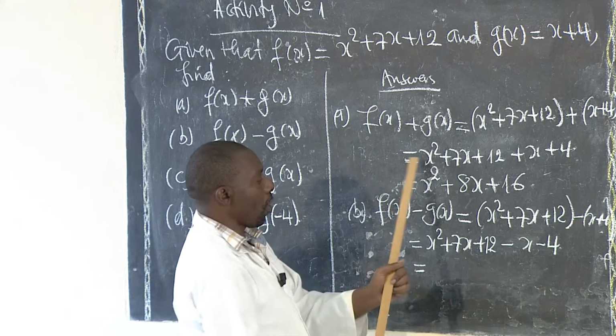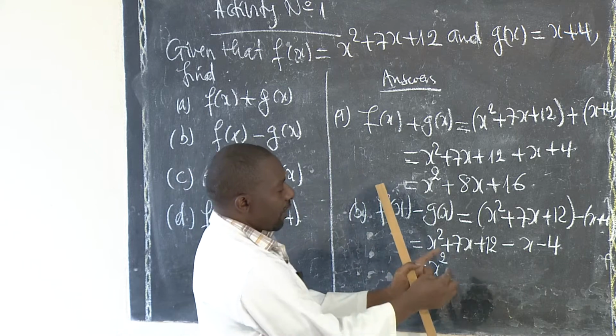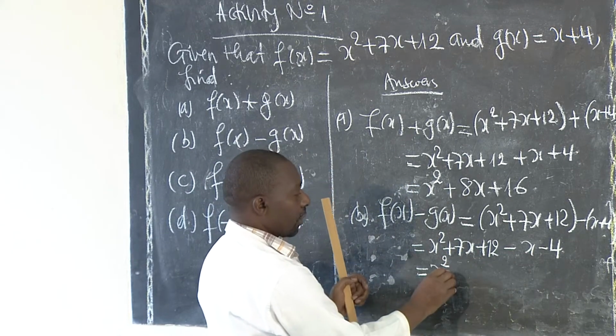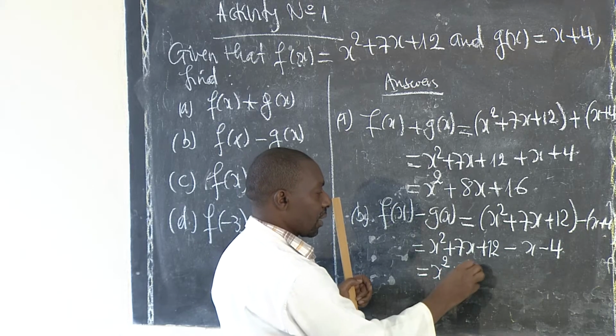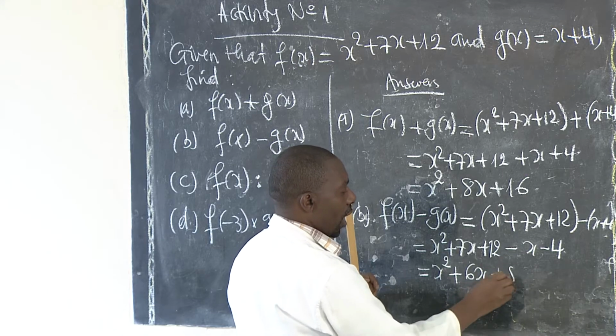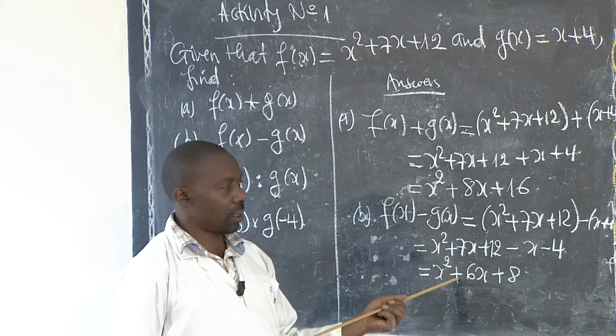As we did before, here we have x squared. Here we have like terms 7x and minus x. Reducing them, we have 6x. Then 12 minus 4 is equal to 8. Very simple. Is it clear?